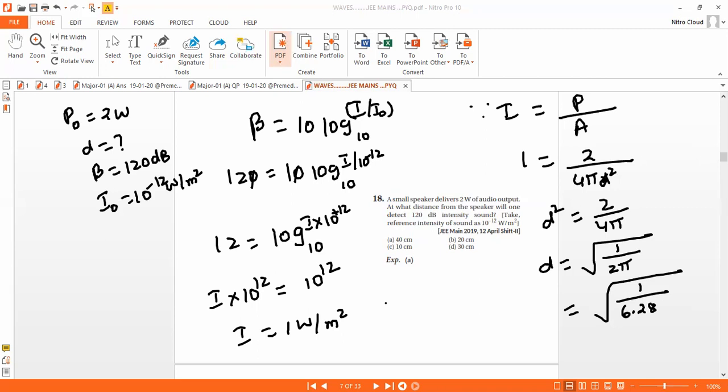Under root 0.1592 is 0.3989 meters. That is approximately 39.89 centimeter, approximately 40 centimeters.